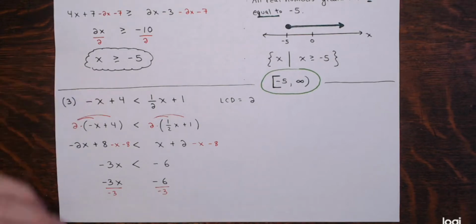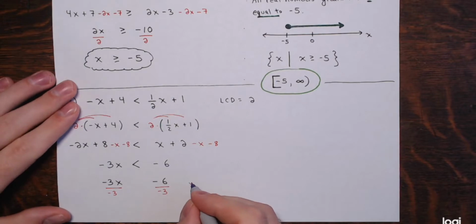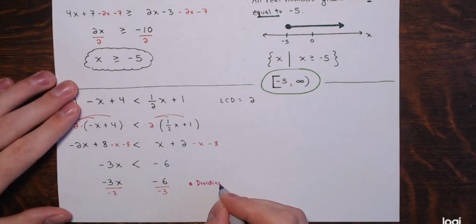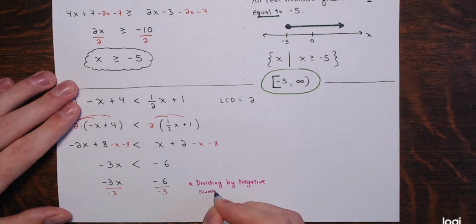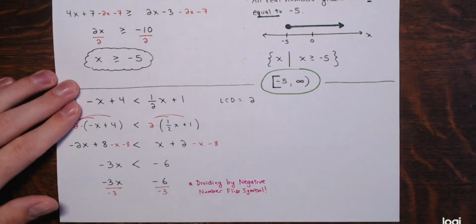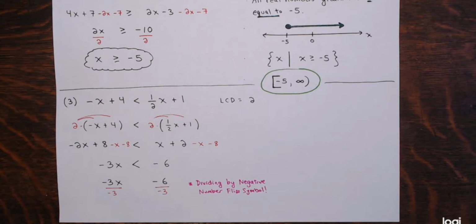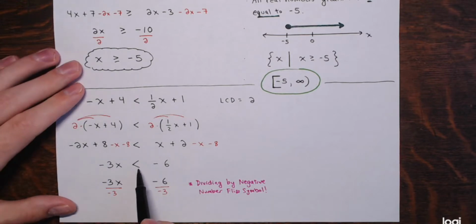So one more time, I'm going to write this here: dividing by a negative number, same thing with multiplying, dividing by negative numbers, multiplying both sides by a negative number, flips the symbol, changes the direction of the inequality. So on this line it was is less than. Here I'm dividing both sides by negative 3.